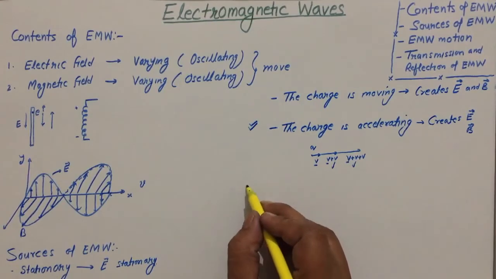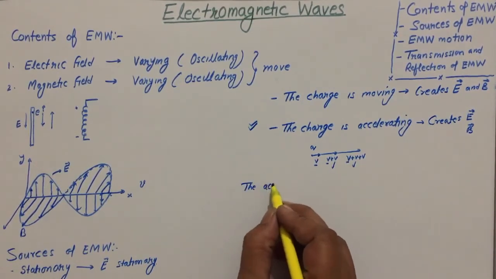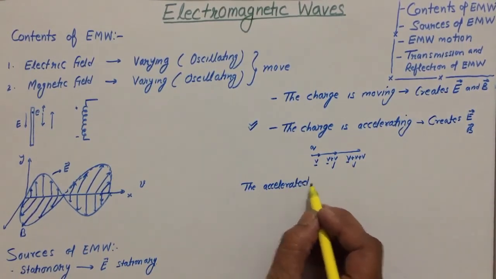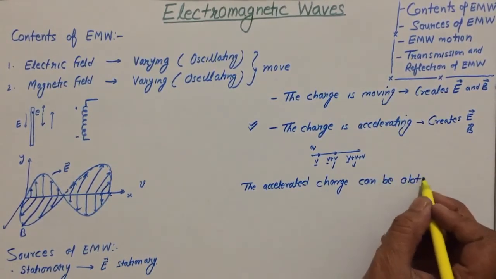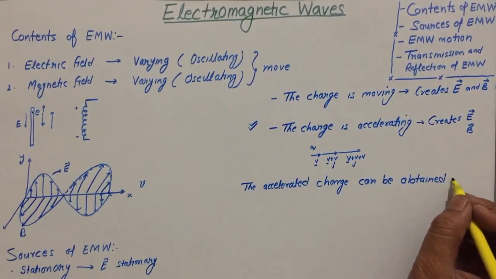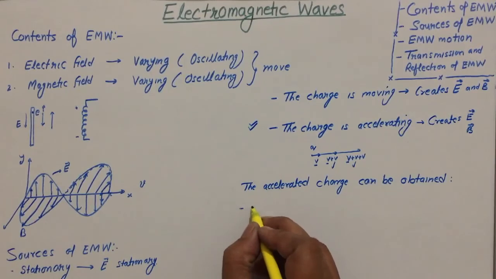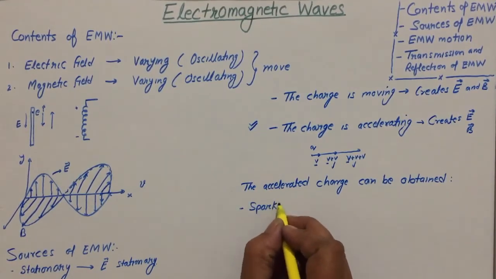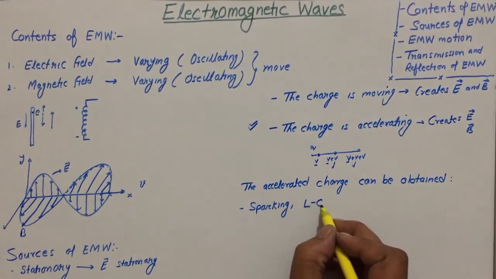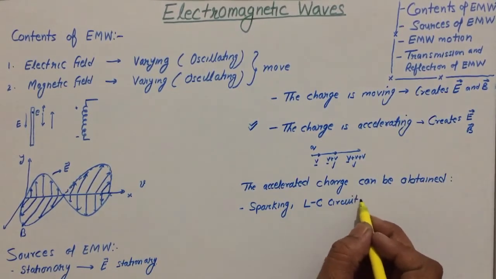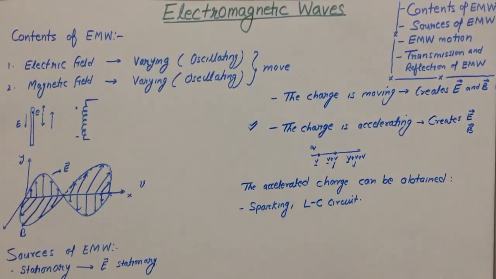So the accelerated charge can be obtained during sparking, and in the LC circuit, and in LC circuit there is oscillations, and whenever there is oscillations the velocity changes, and due to that velocity there will be movement of the wave.